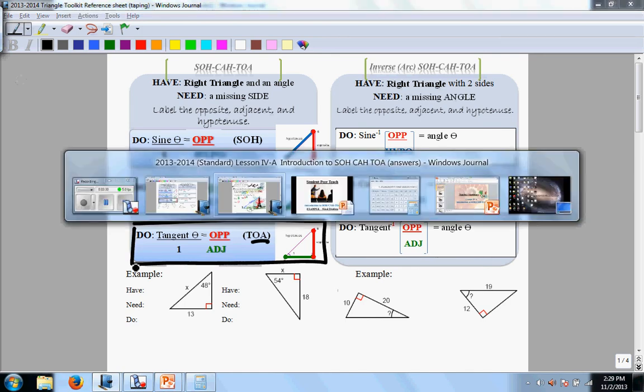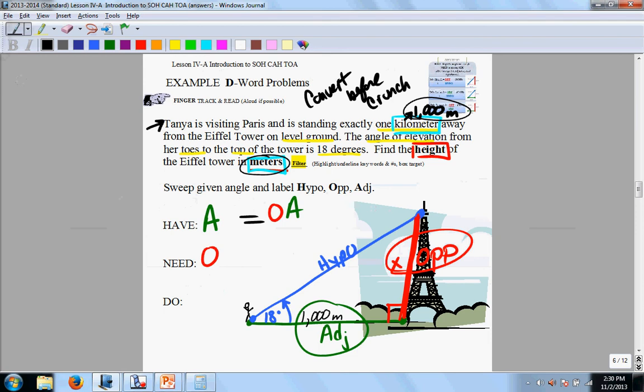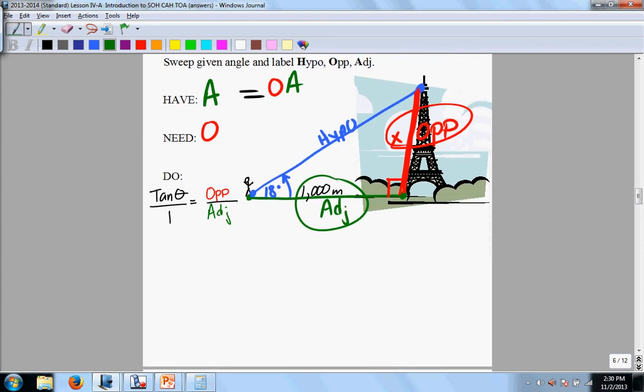Tangent theta equals opposite over adjacent. So we write tangent of theta equals opposite over adjacent. Make sure your classmates write exactly that out. Now you do circle, plug, chug.